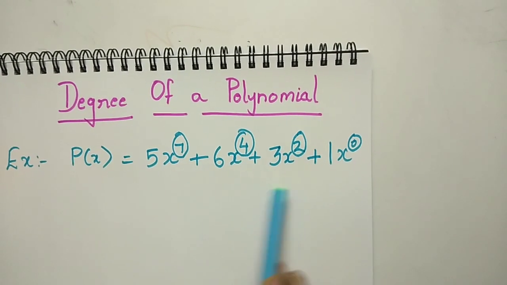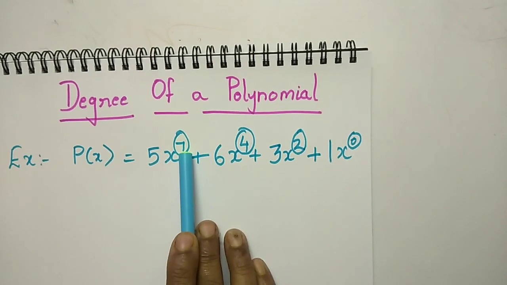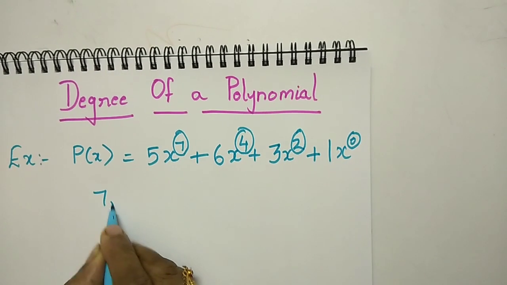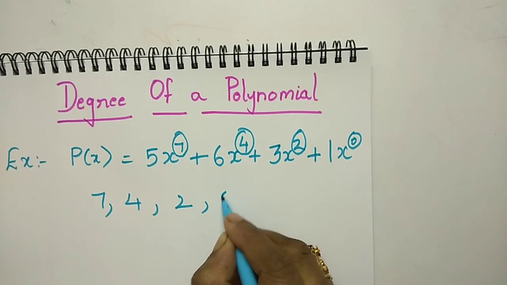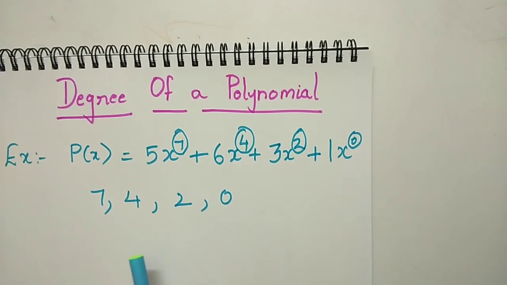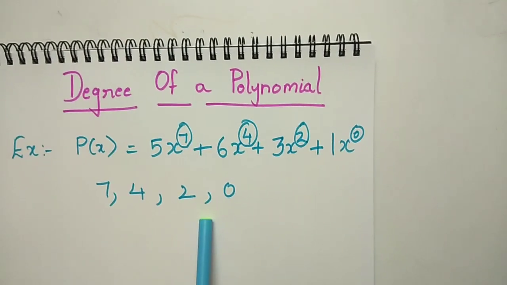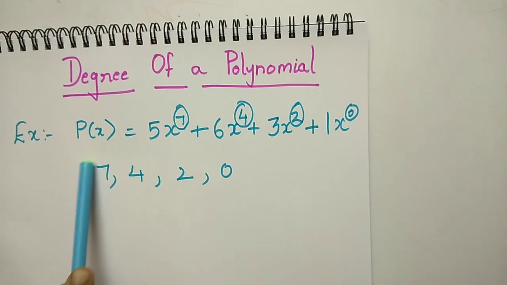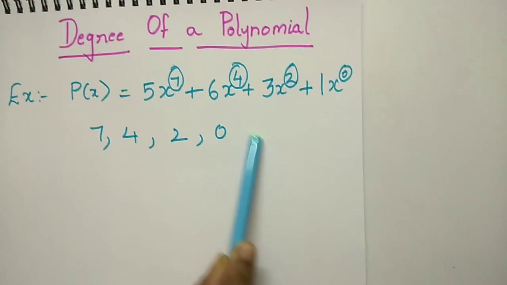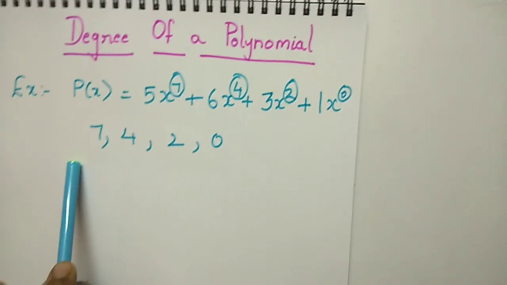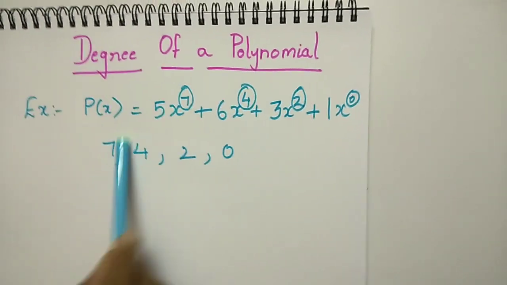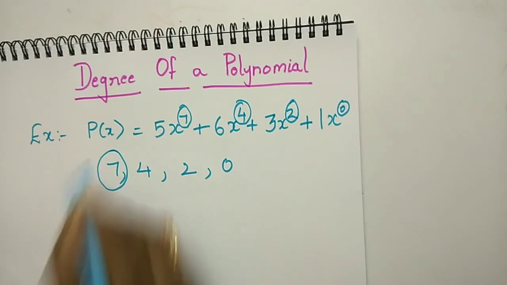In this example, the powers of the variable are 7, 4, 2, 0. In the next step, we have to check which number is the highest among these numbers. If you observe, among these numbers, 7 is the highest number.